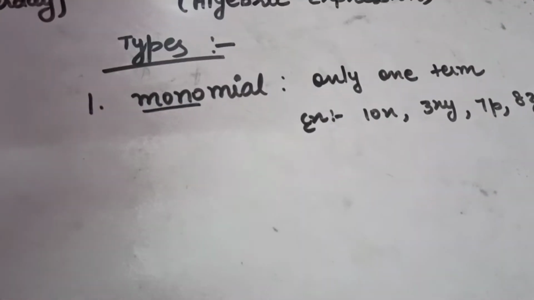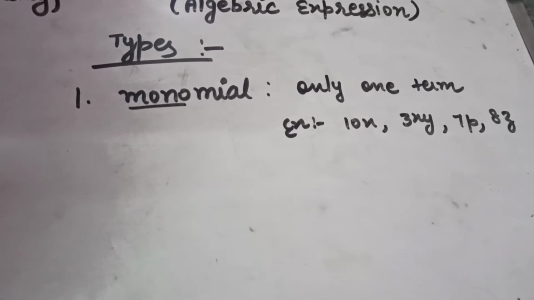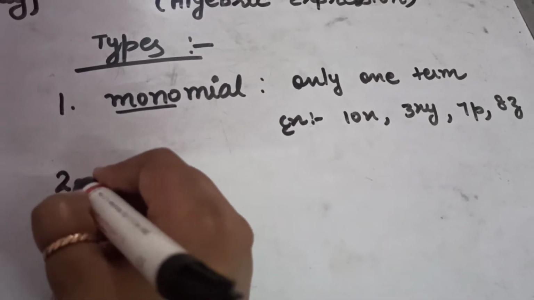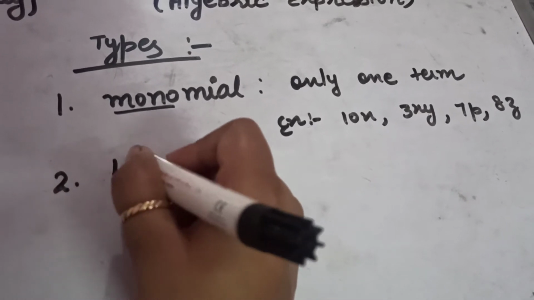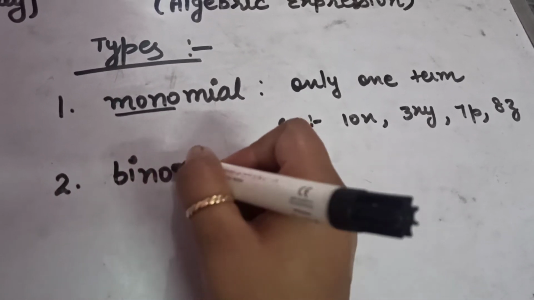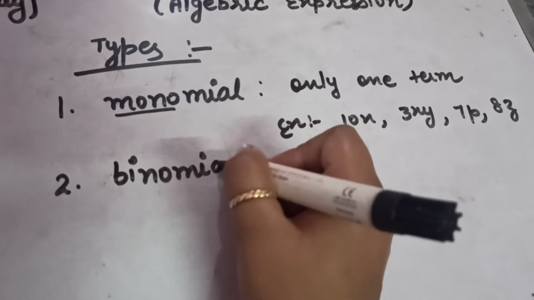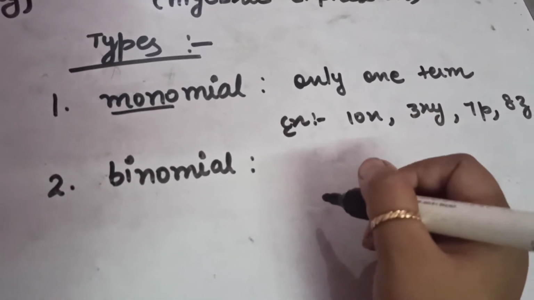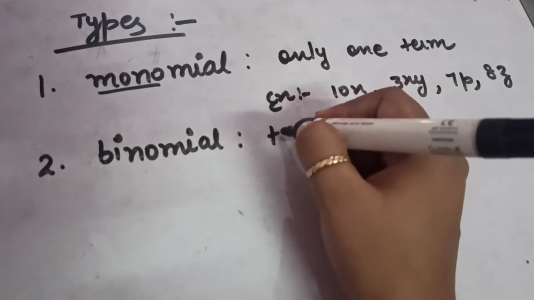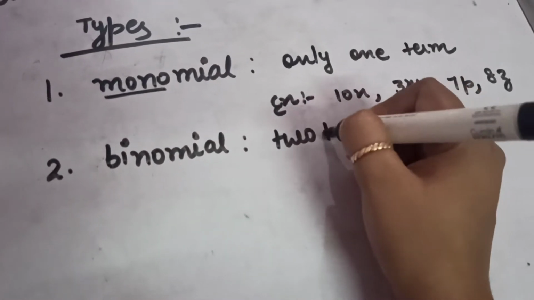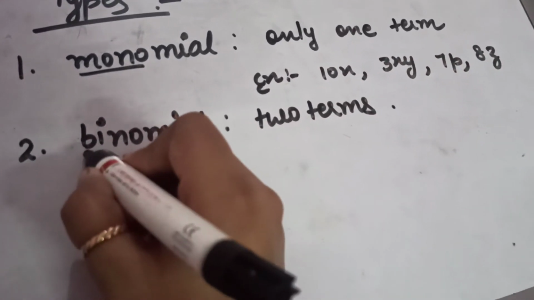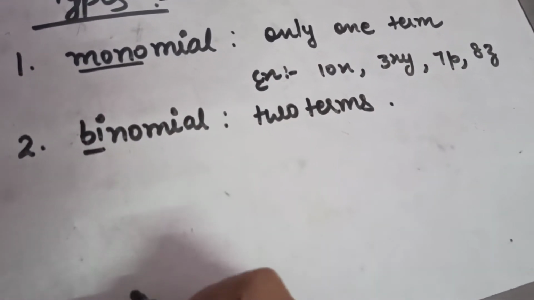You can learn it like this also. Mono means 1. Now the second one, that is binomial. Binomial is the expression with two terms. In binomial, two terms. So bi means 2.